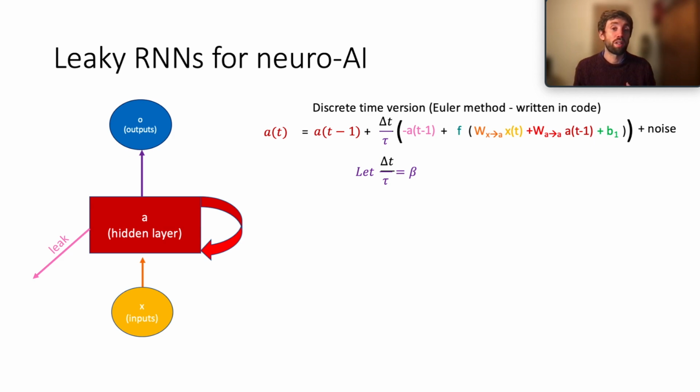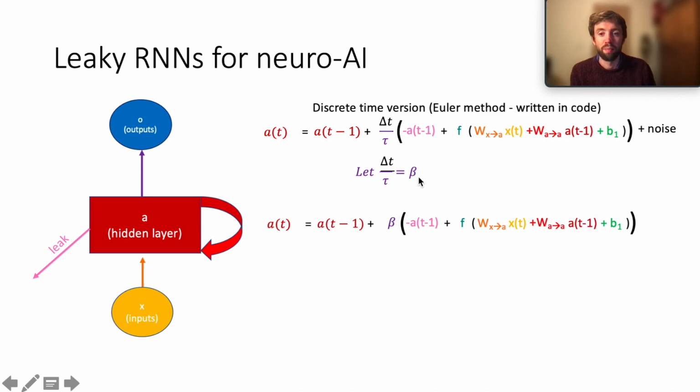To ease comparison with some models that we're going to see in a few moments, let's simplify this a little bit and consider delta t over tau as beta. So that our equation becomes this if we just neglect the noise term for simplicity.